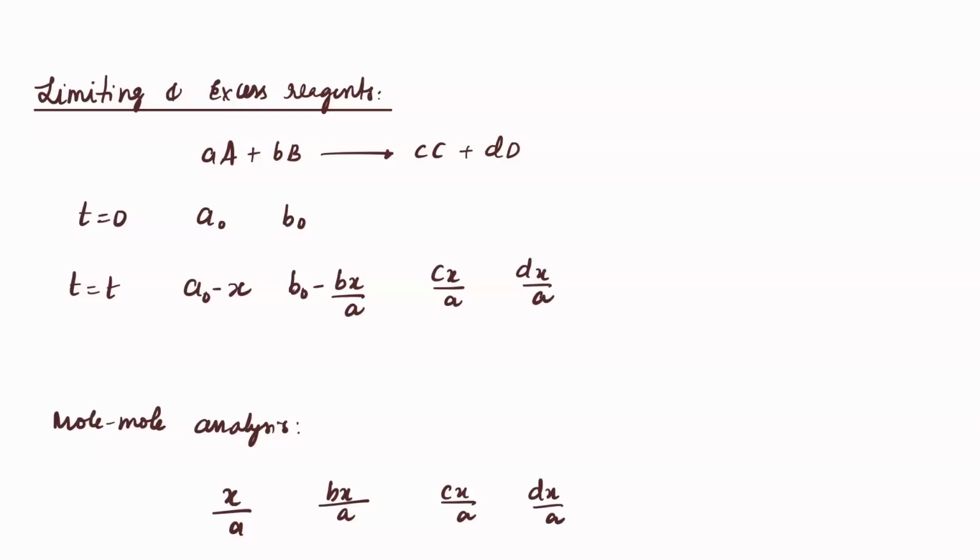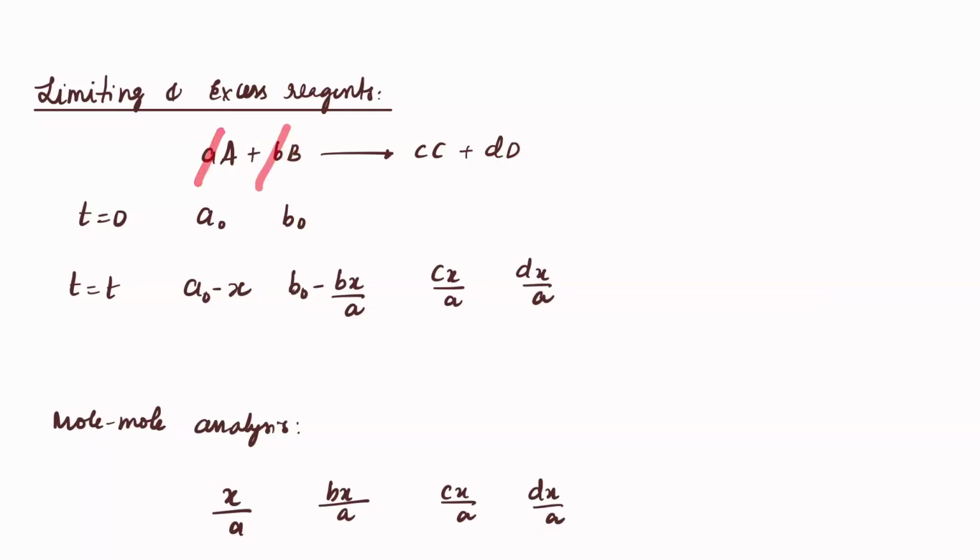So A naught is the number of moles of A, B naught is the number of moles of B. Out of this A naught, imagine during the course of the reaction, some X moles have been consumed, X moles have reacted. Then how many moles of B will react depends upon their ratio.